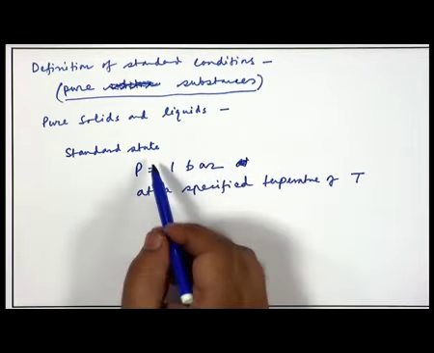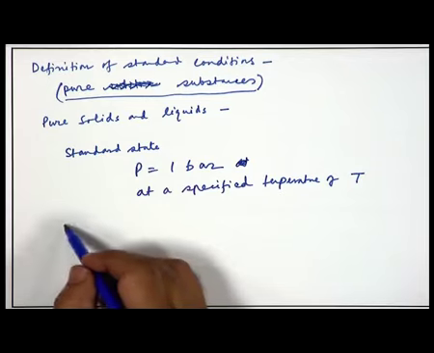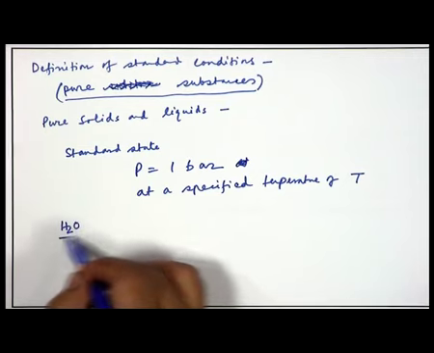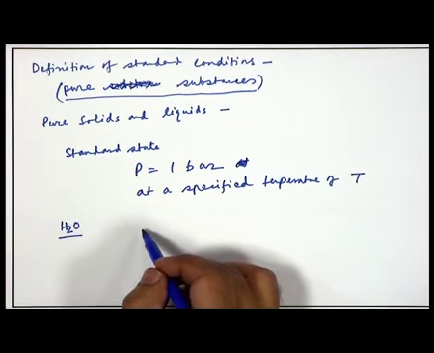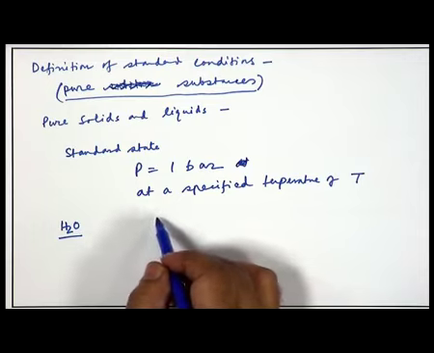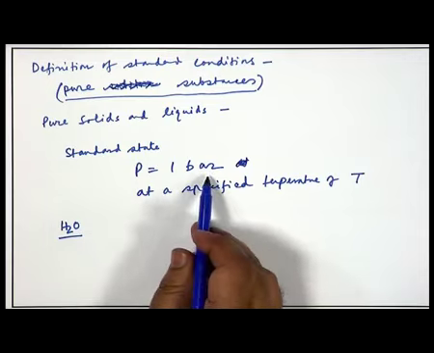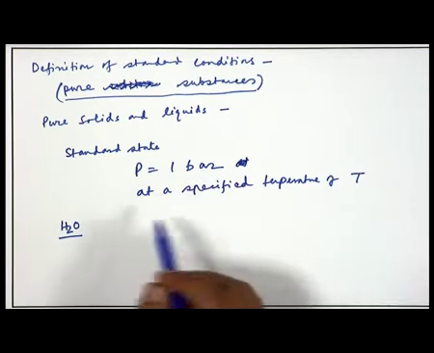So, basically, say we want to state the standard state of liquid water. If we want to tell the standard state of water, it will be a state where water is at 1 bar pressure and we have to specify the temperature.